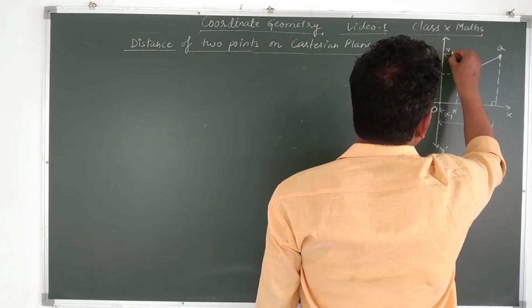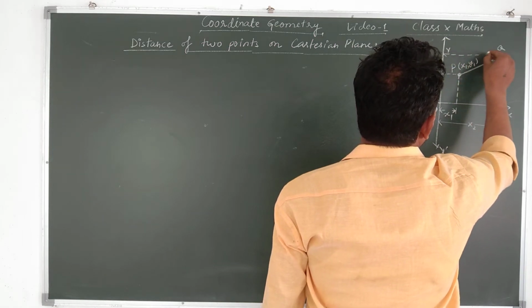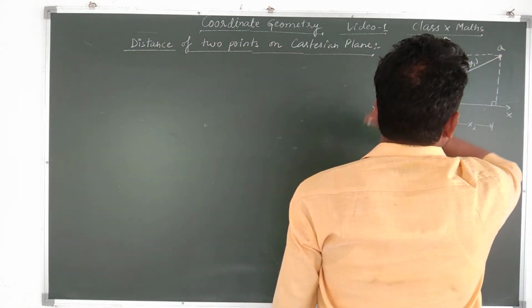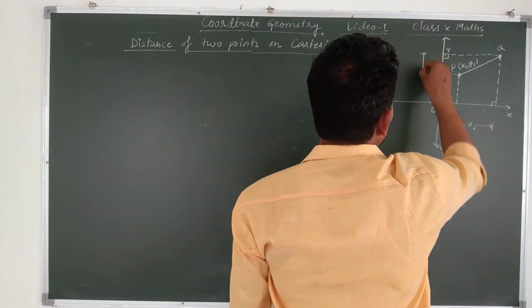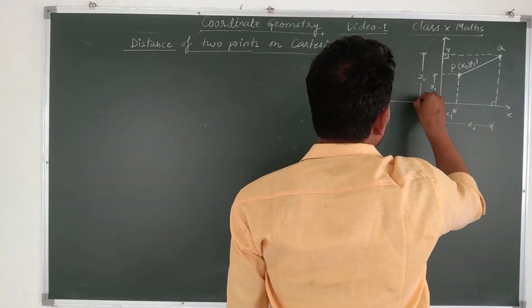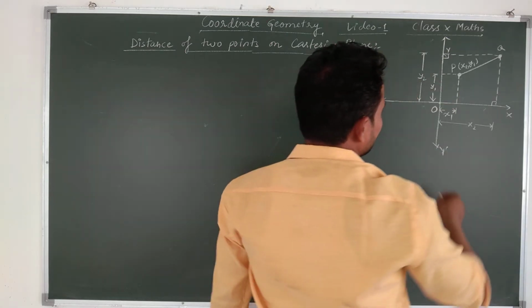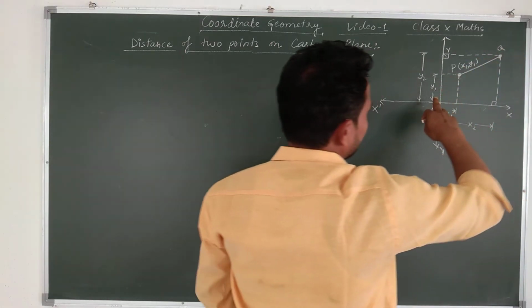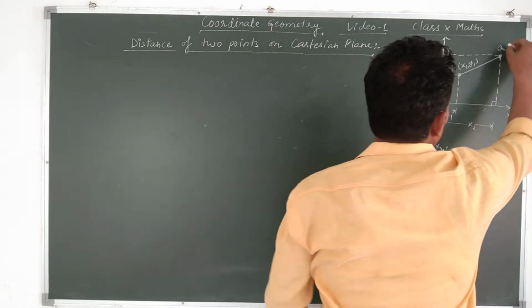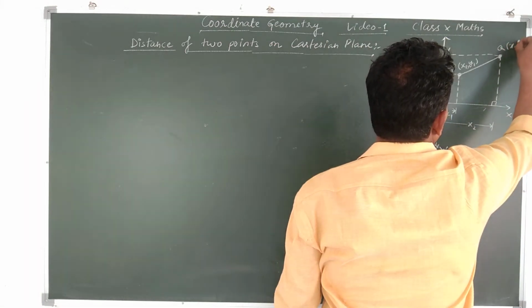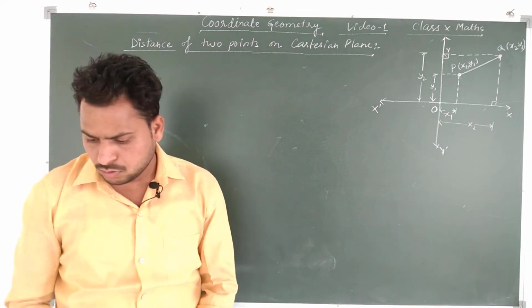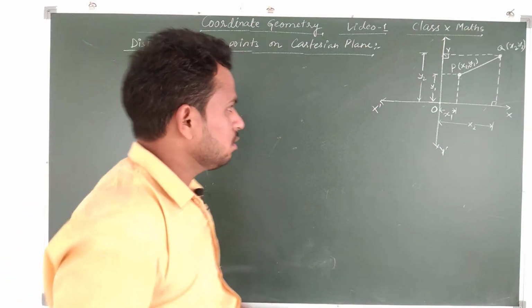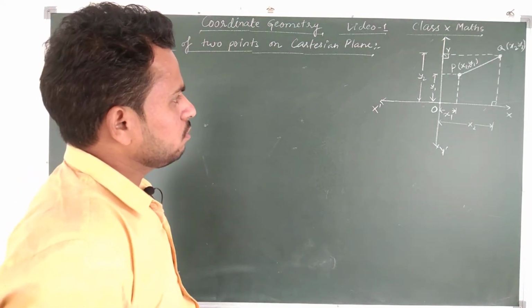This is the perpendicular from Q on the y-axis. Suppose this length is y2. So the coordinate of Q is simply x2 comma y2.